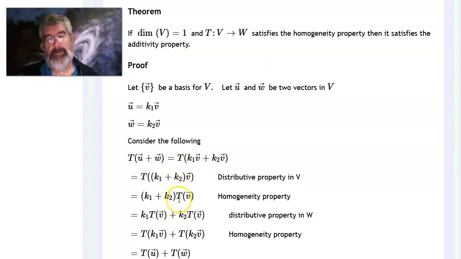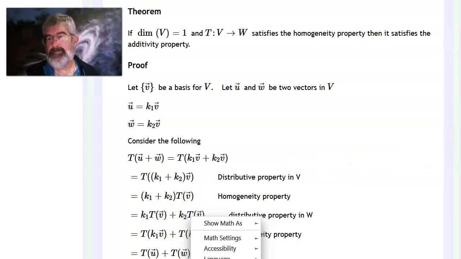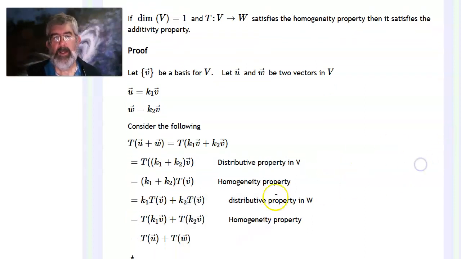But now on the outside here, I'm looking at vector operations in W, and there is a distributive property in W. So I can take this vector, T of v, and multiply it in to both of those constants. So I got k1 times T of v plus k2 times T of v. And now I have, again, the homogeneity property that I'm assuming that the transformation T has.